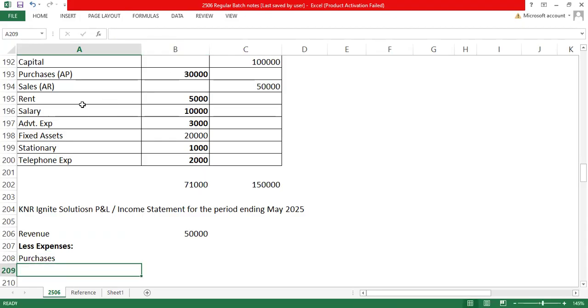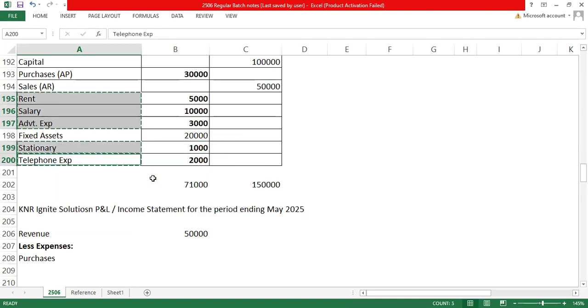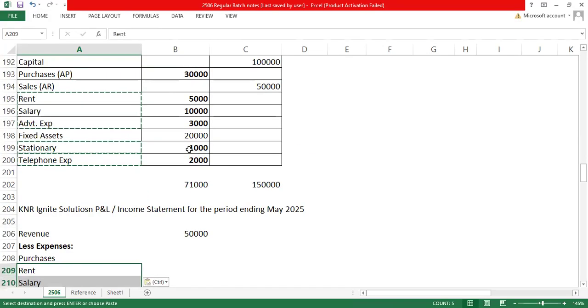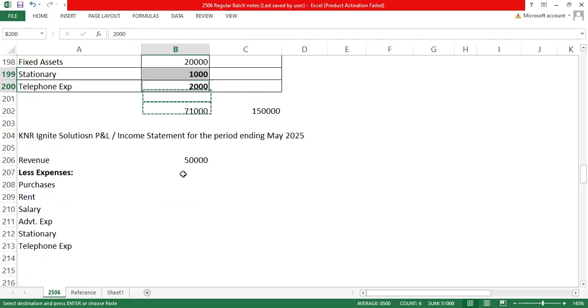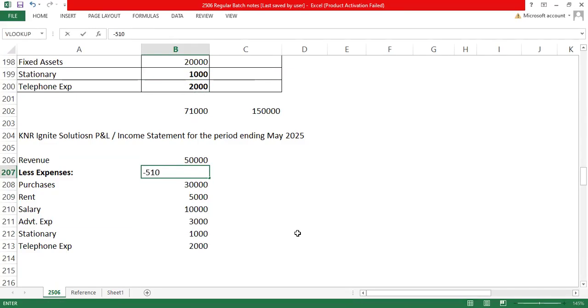Maybe let me copy paste the others: rent, salary, advertisement, stationery, and telephone expenses. All of them I'll put here. Now let me copy the amounts as well as they are to make it quick. Okay. Now, what is the total of this? If I look into it, it is 51,000. So let's say minus 51,000.